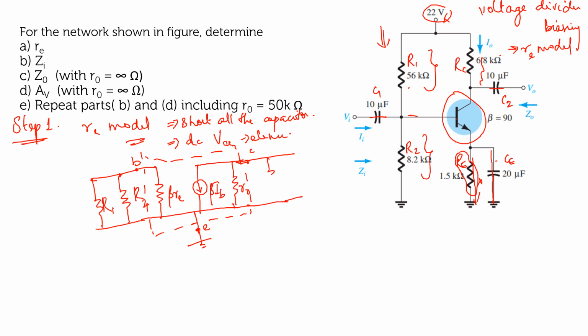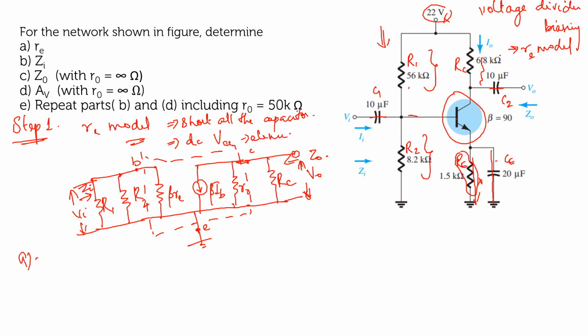Similarly, in the output side you have the resistance RC, and this is going to be your output. Looking into the circuit from the input, it is ZI. From the output, looking into the circuit, it is your output impedance Z0. So now you are going to calculate all the parameters.